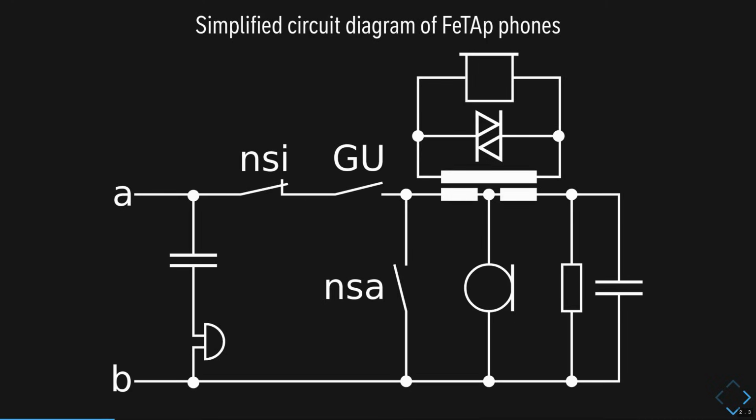So here you see a simplified circuit diagram of FeTAp phones. On the left you see the so-called ringer. So that's the bell that rings when you receive a call. Then GU stands for Gabelumschalter in German, or in English it's hook switch. And when you lift up the handle, it connects the line here and closes the loop here.